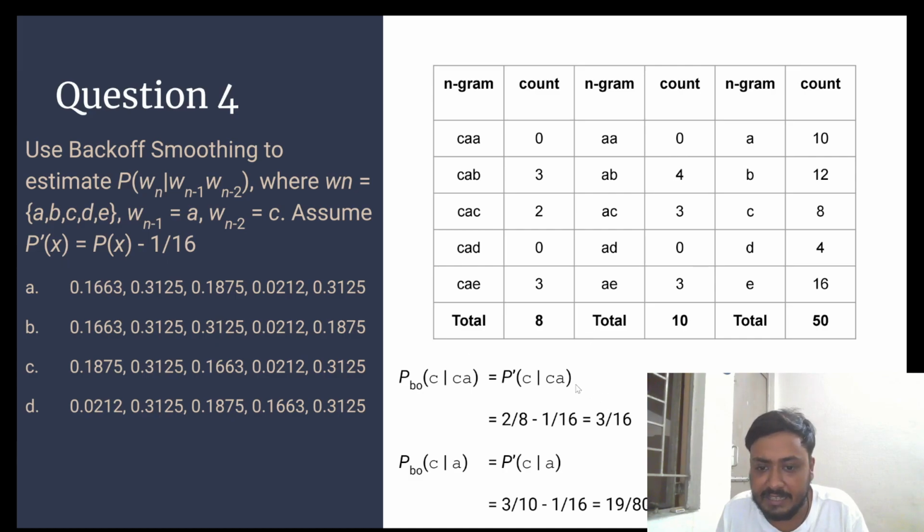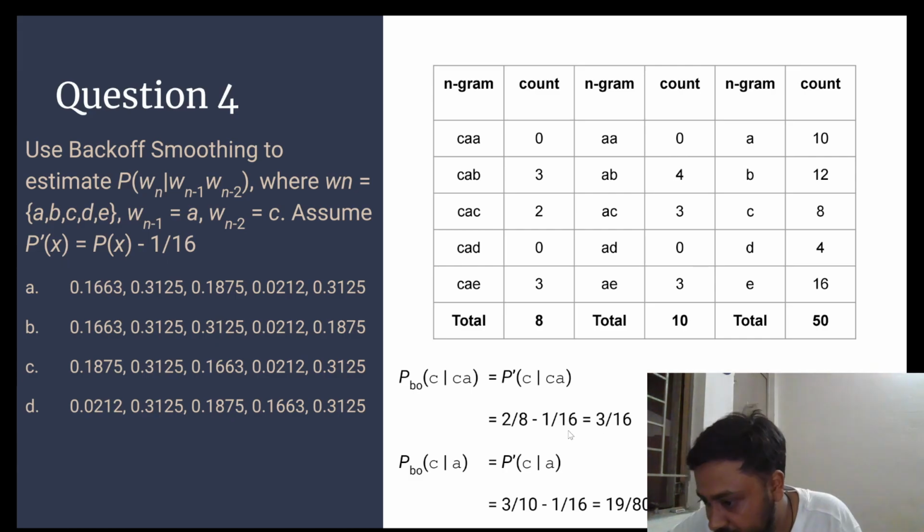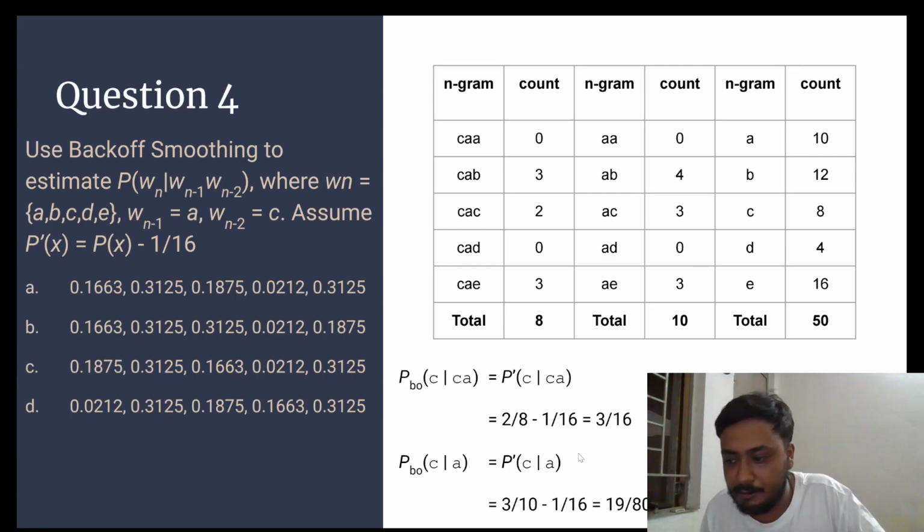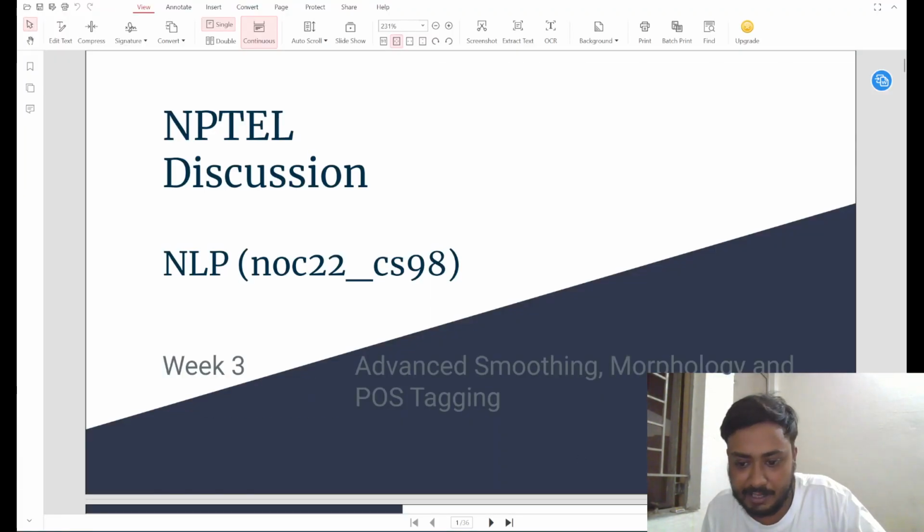So C given CA is also similar. You can understand, this is non-zero. So we directly... So somebody asked a question that there is some problem about which is getting substituted where. So I am not talking about which is getting substituted where. What I am talking about is this.